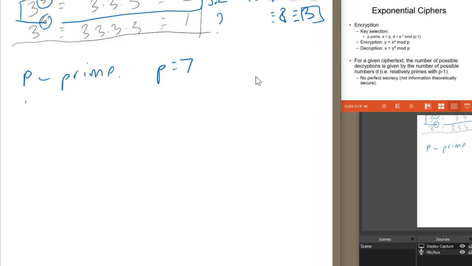Select an exponent. The exponent has to be selected such that the greatest common divisor between it and p minus 1 is 1.